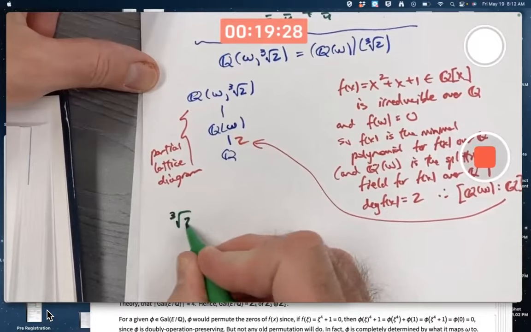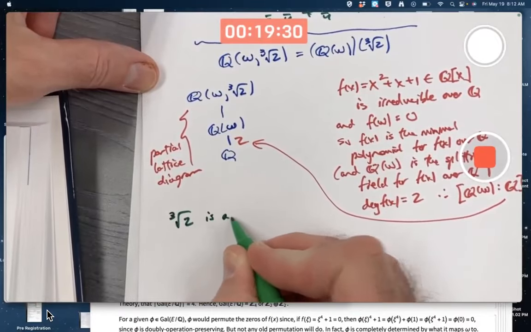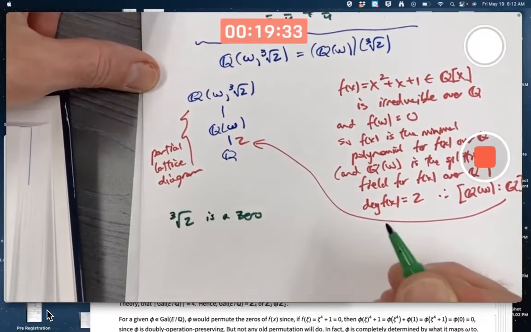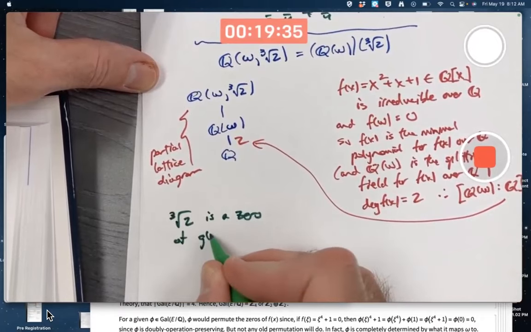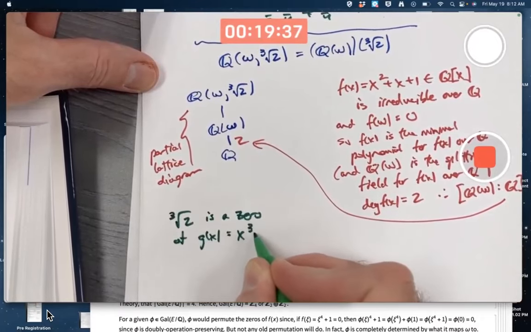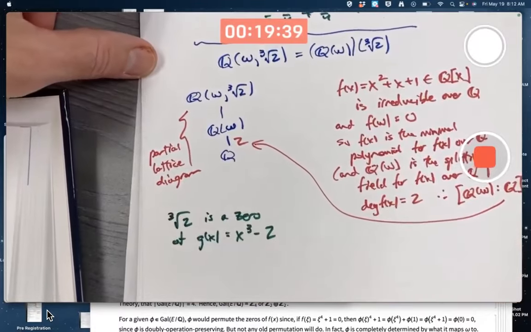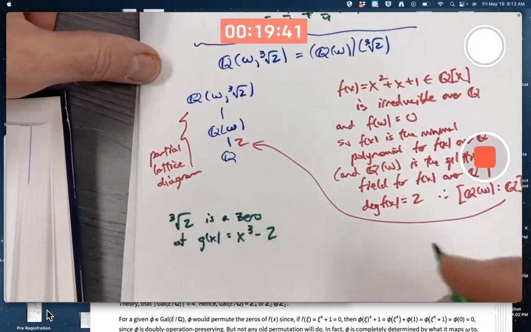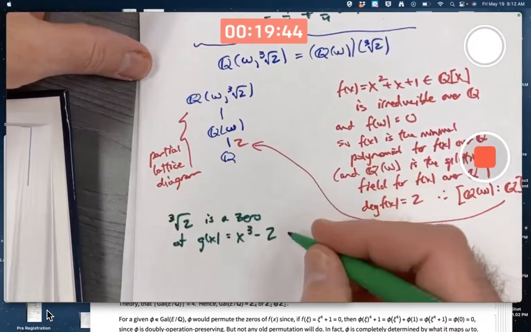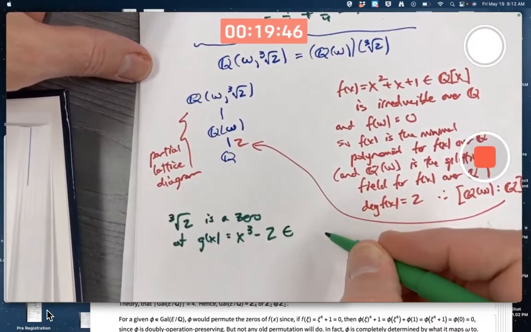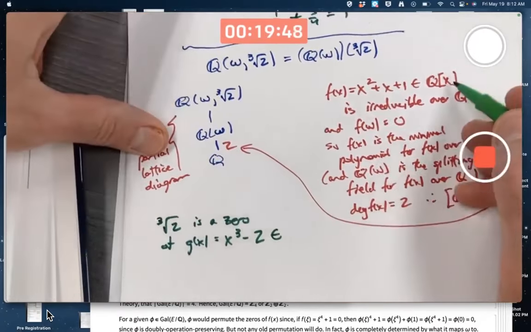Cube root of 2 is a zero of, call it g(x) equals x cubed minus 2, which is certainly an element of this ring right there.